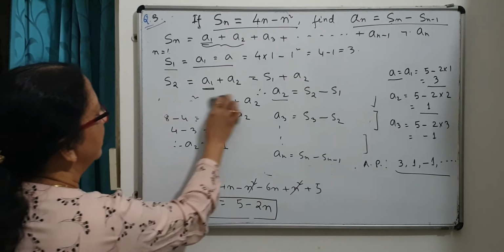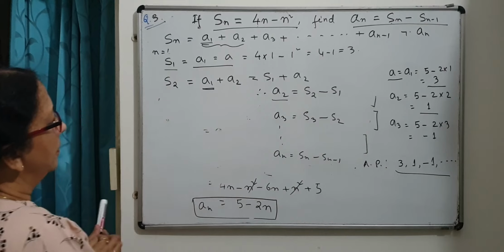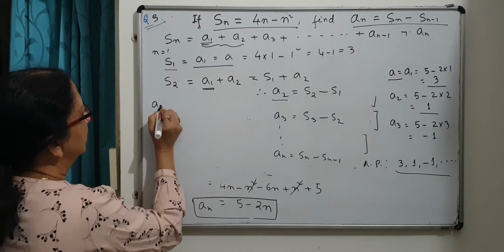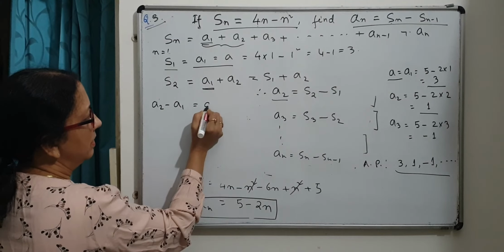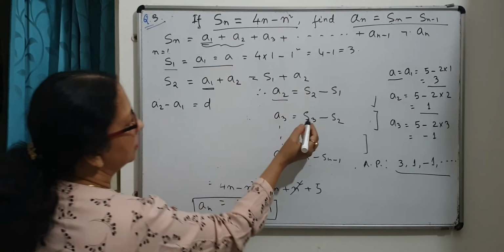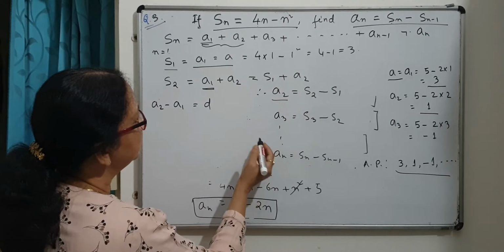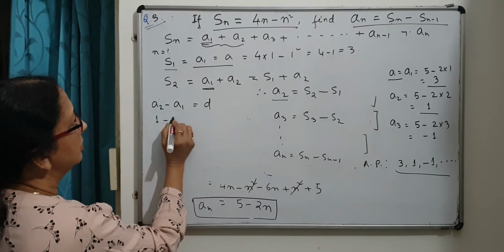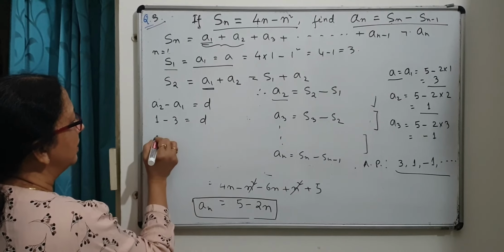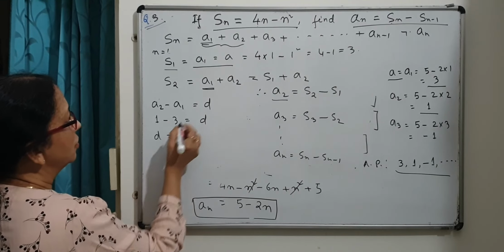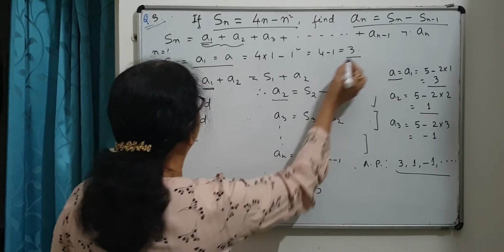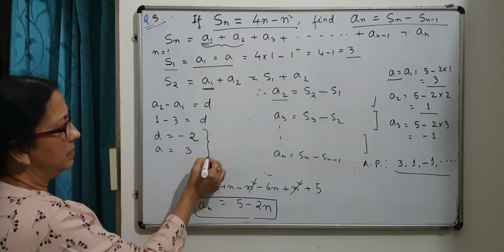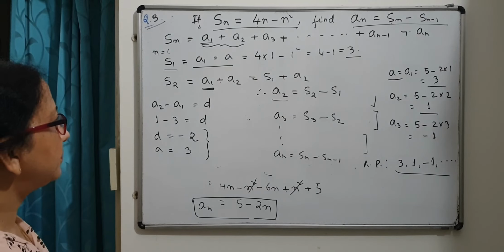So when I know A1 and A2, A2 minus A1 is our D. A2 came out to be 1, and A1 came out to be 3. So I got the value of D as minus 2. So A was 3 and D is minus 2. In this way you can find it out.